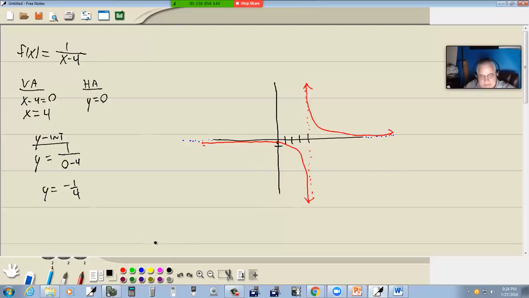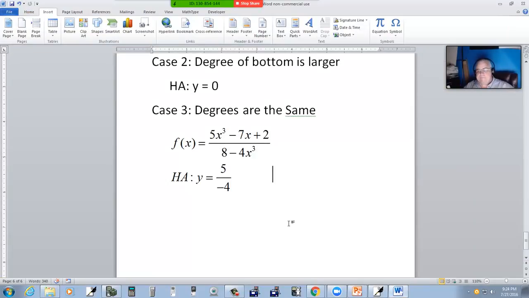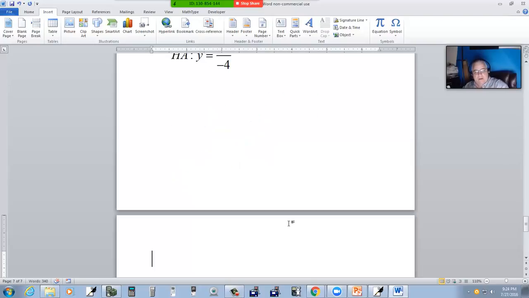Now our slant asymptote, or oblique, depending upon which book you look at. So slant asymptote, or oblique asymptote.